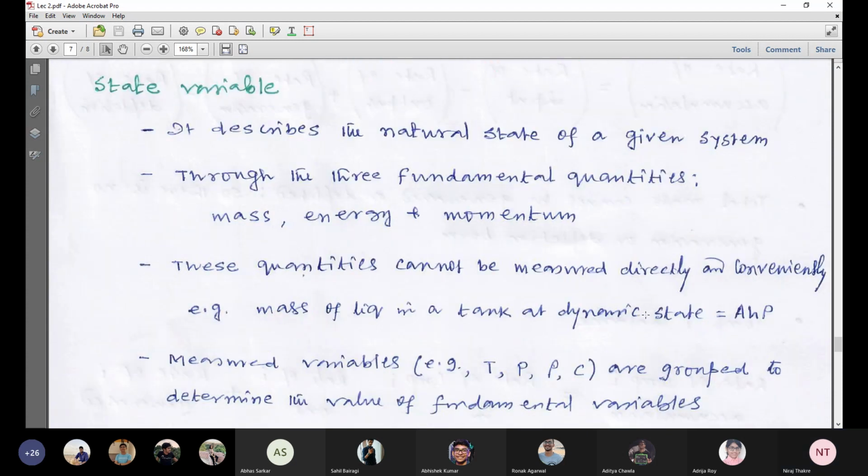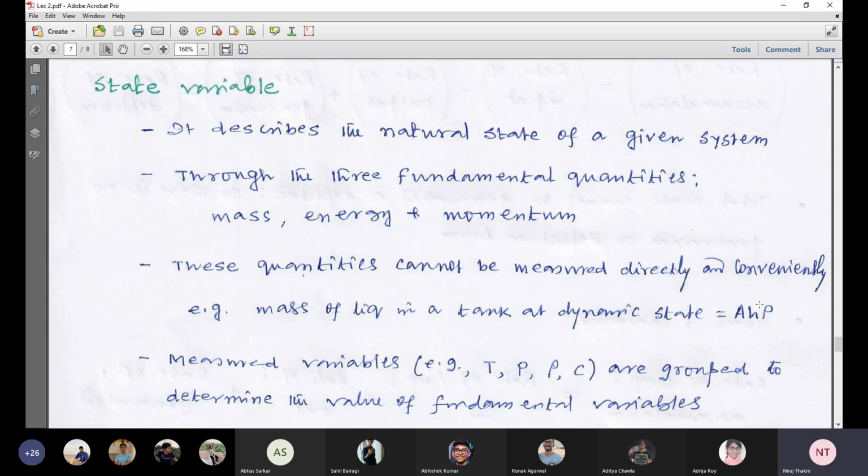Now, if we want to calculate this mass using A H rho, you see A and rho are constant quantities. So the only variable here is height, the liquid height in the tank. Fine. So this height is used to basically characterize the mass, and height is the state variable.